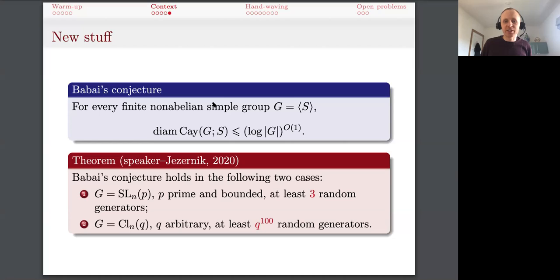If q has size comparable to about n, then this bound becomes trivial. There's a theorem of Alon and Roichman, I think, which says that whenever you have a Cayley graph and you have at least log g generators, then that has a logarithmic diameter. So once you have a large number of generators compared to the size of the group, things become trivial.